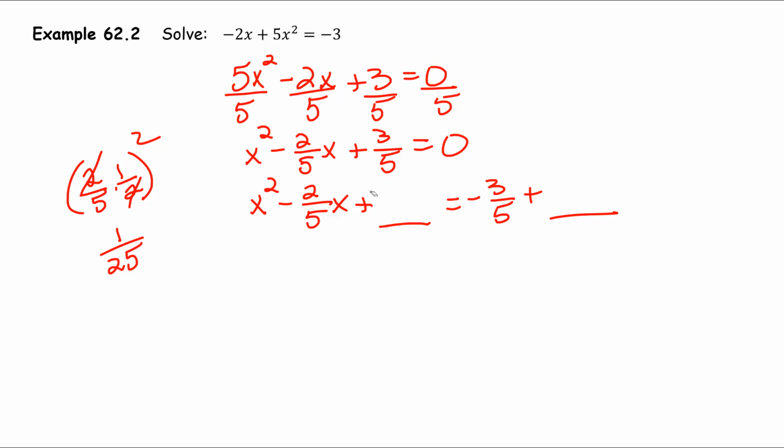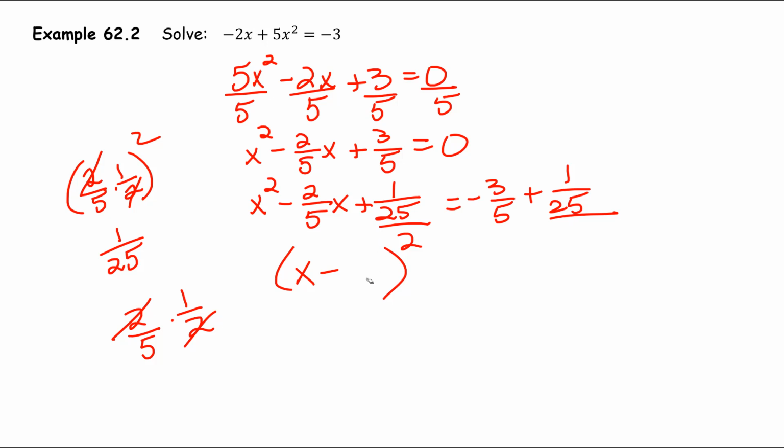So I'm adding 1/25 to both sides of the equation. And now I'm going to write the left side of the equation as a perfect square binomial, x minus half the x coefficient. And remember, half of 2/5 is just 1/5 because the 2's cancel. So x minus 1/5 quantity squared.